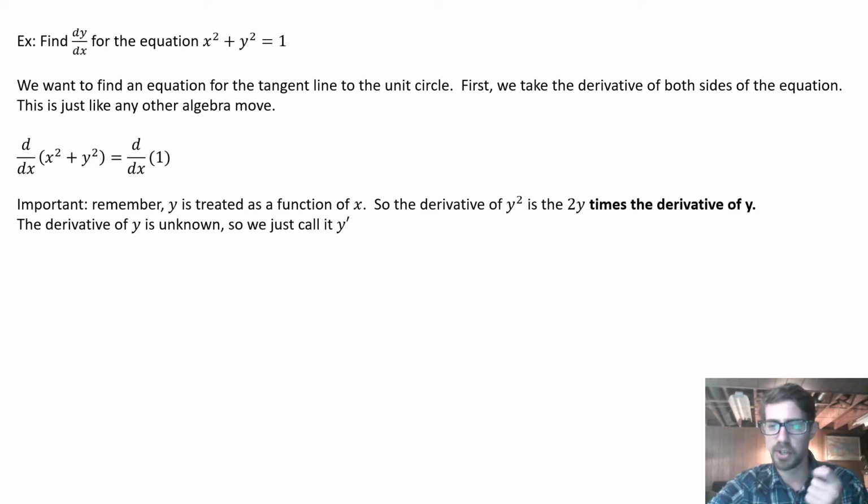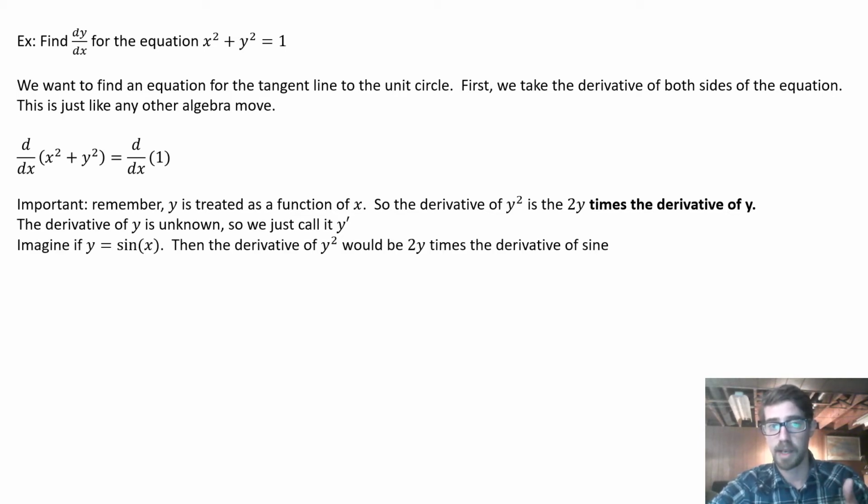So here's the important thing. The derivative of y squared isn't just 2y because y is a function. The derivative of y squared is 2 times y times y's derivative. Now, we don't know what y's derivative is, so we're just going to call it y prime. My example is picture if y were something like sine of x.